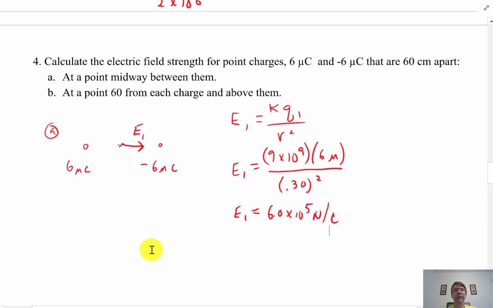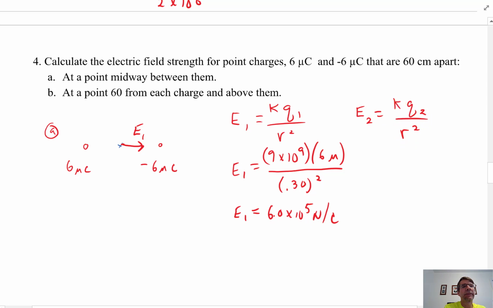The interesting thing here is E sub 2 is kQ2 over r squared. That's Q sub 2, not Q squared, and the bottom is an r, not a v. My r's sometimes look like a v. That's r squared.